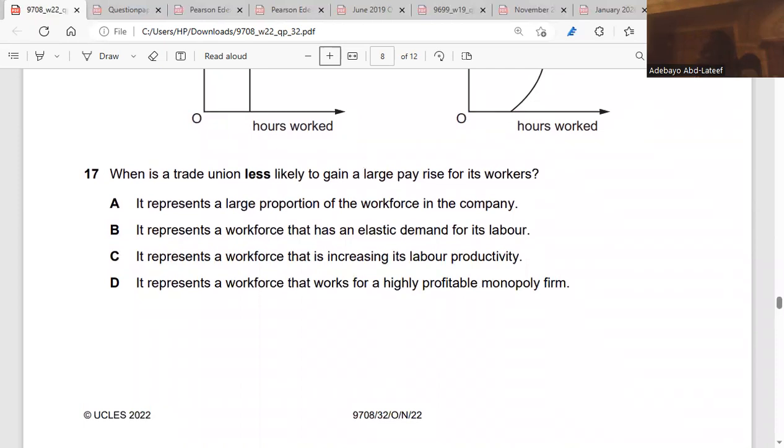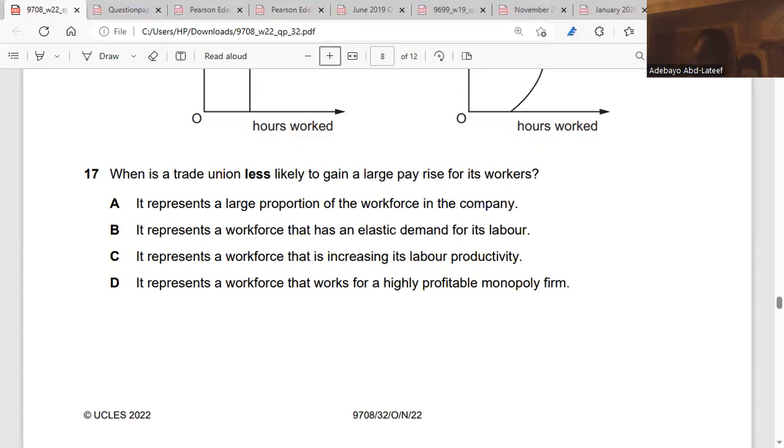When is a trade union less likely to gain a large pay rise for its workers? It represents a large proportion of the workforce in the company. That doesn't matter. It represents a workforce that has an elastic demand for its labor. It represents a workforce that is increasing its labor productivity. If labor productivity is increasing, trade union will be able to negotiate high wages.